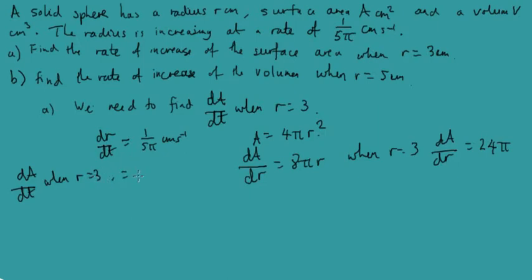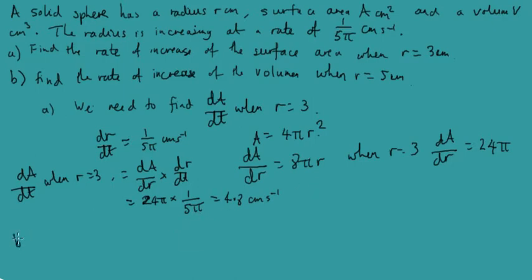It's going to be equal to dA by dr multiplied by dr by dt, and that's going to be 24 pi times 1/5 pi, which gives us 4.8 centimeters per second. So the surface area is increasing at a rate of 4.8 centimeters per second.